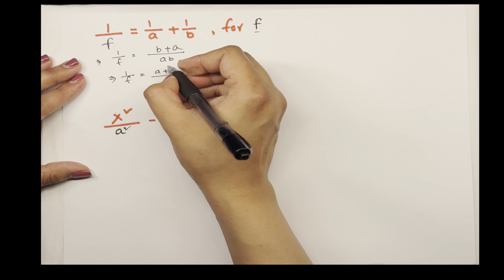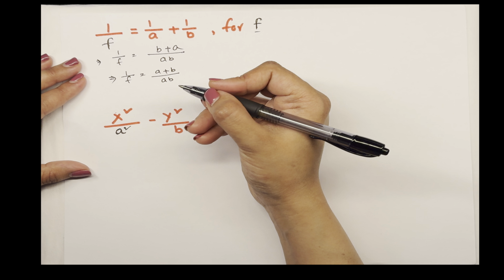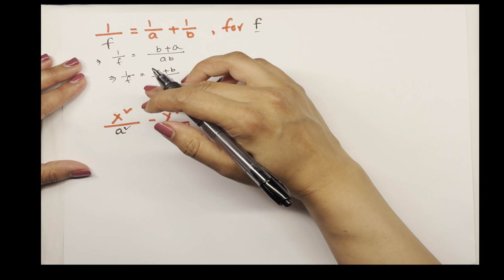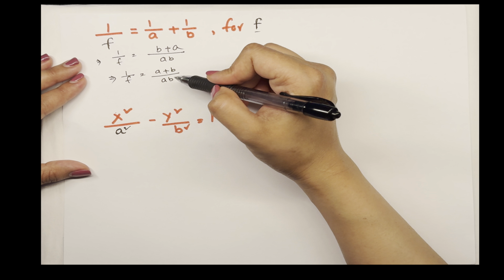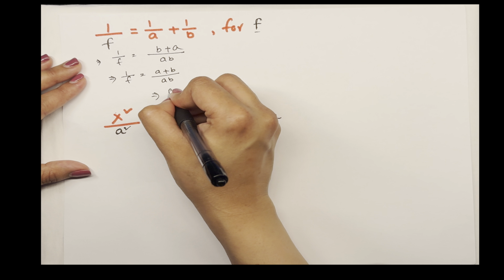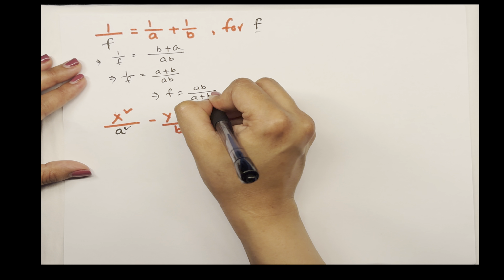We're just using the commutative property. So just like the previous problem, I'm flipping the right hand side as well as the left hand side, both sides. So F will be AB by (A plus B).